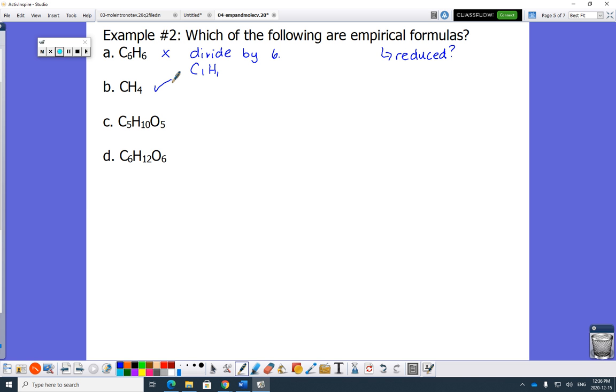And so the molecular formula, the actual number of atoms, is C5H10O5. But in an empirical formula way, if you were going to do the most reduced, which doesn't often work for covalent, that's why we don't reduce them, then this should be C1H2O1, right? You can divide by 5.